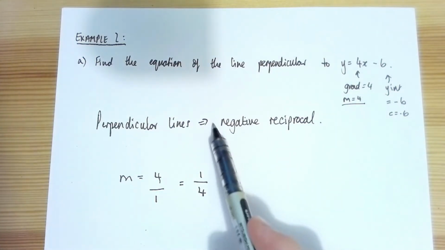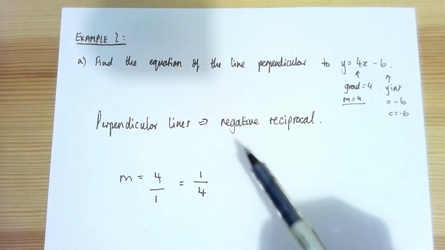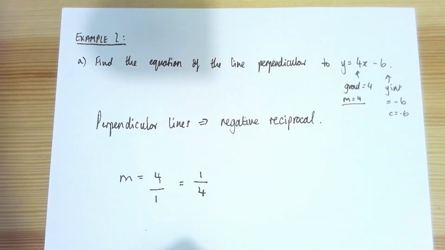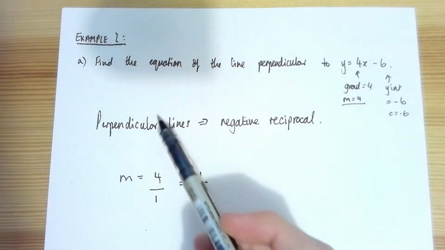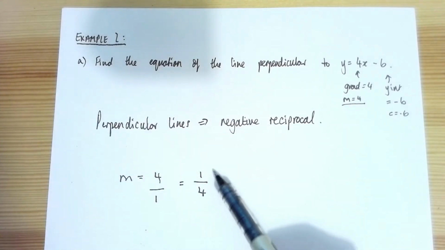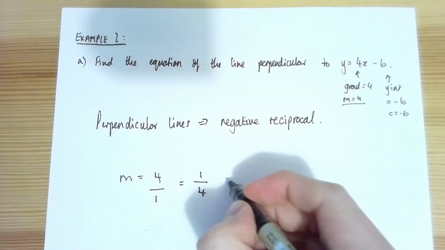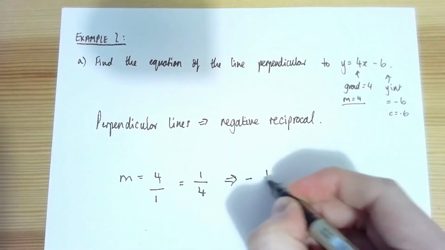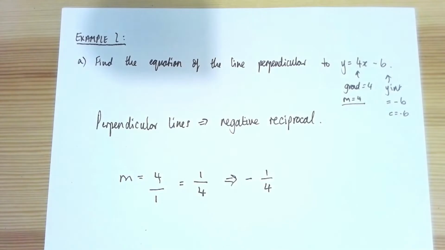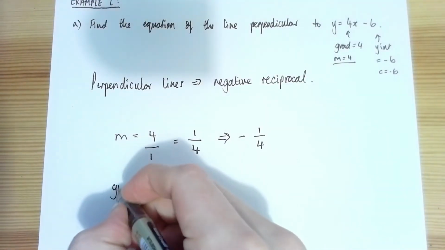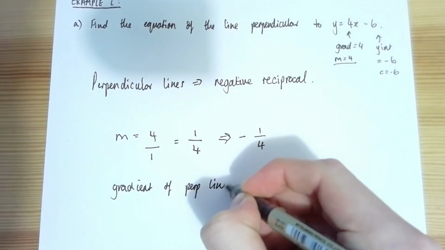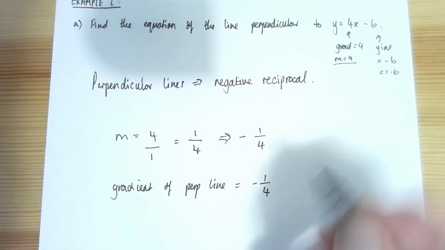But now we have to change this quarter to a negative because perpendicular lines have a negative reciprocal gradient. So that becomes negative a quarter. So the gradient of our perpendicular line is negative a quarter.